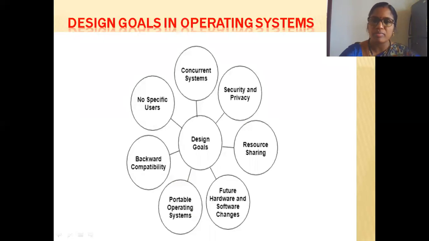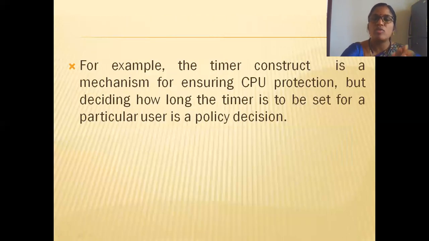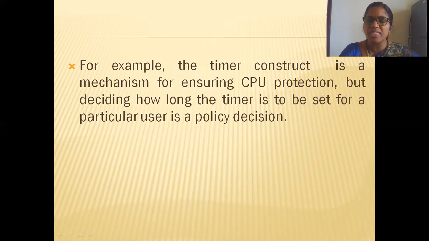For example, the difference between policy and mechanism. The timer construct is a mechanism. That means writing an application for the timer is a mechanism for ensuring the CPU's protection.